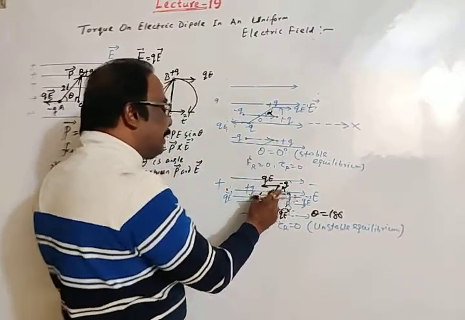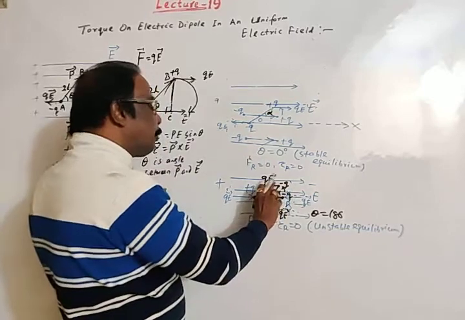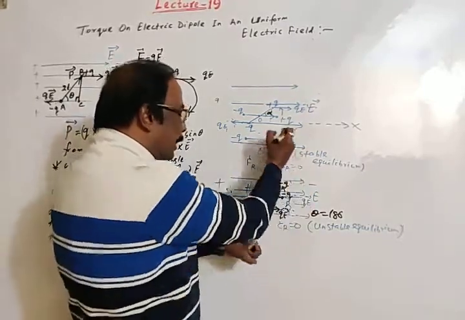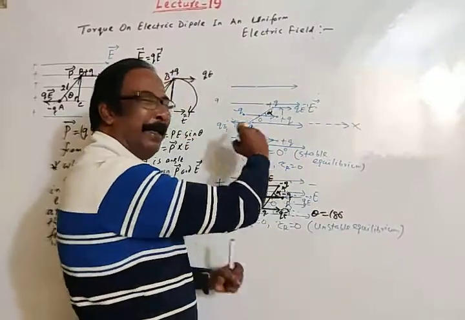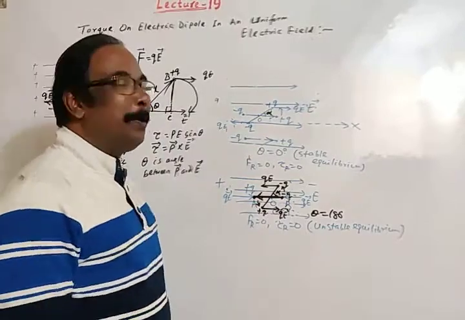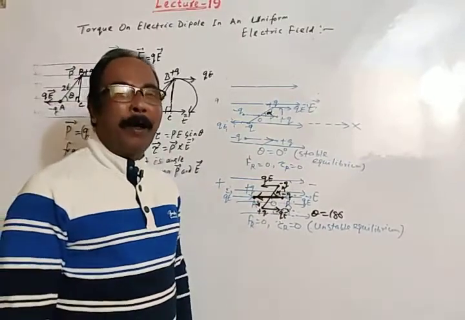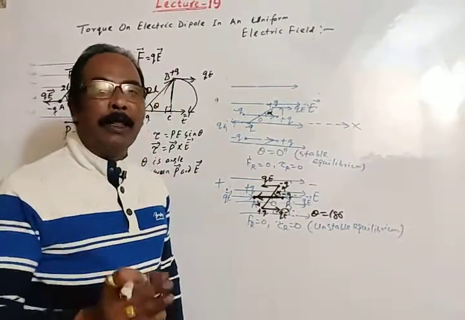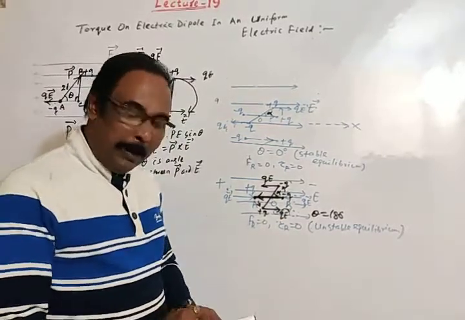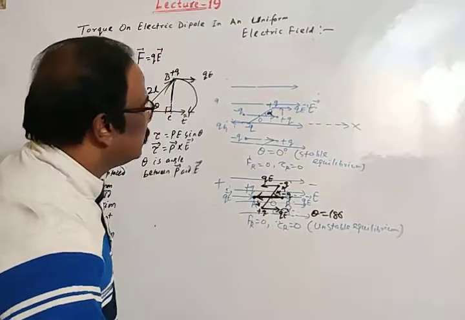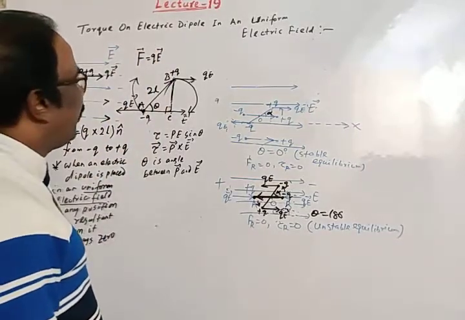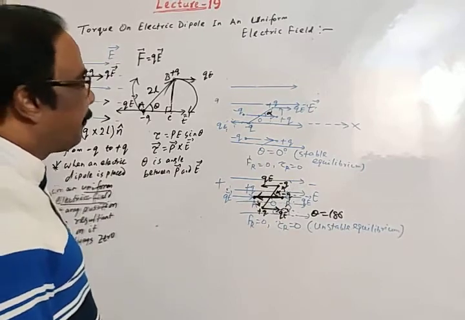But here, if it is rotated through a small angle alpha, it will keep rotating in anti-clockwise order. So this is the state of unstable equilibrium. Again, it will be clarified more clearly on the basis of potential energy. Okay, this is about torque of an electric dipole in a uniform electric field.